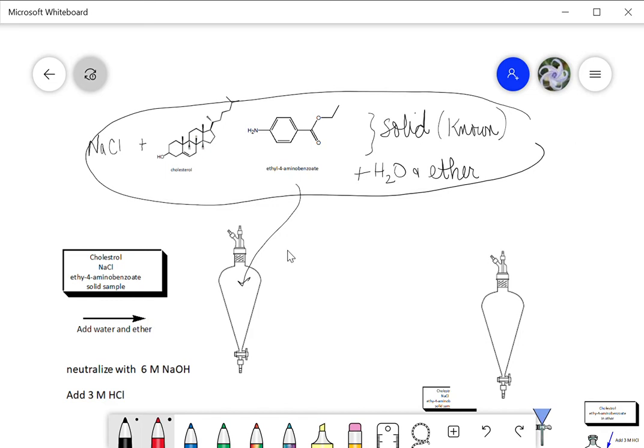So we know from last week that our separation in our SEP funnel is based on density. So we're going to have 2 different layers.